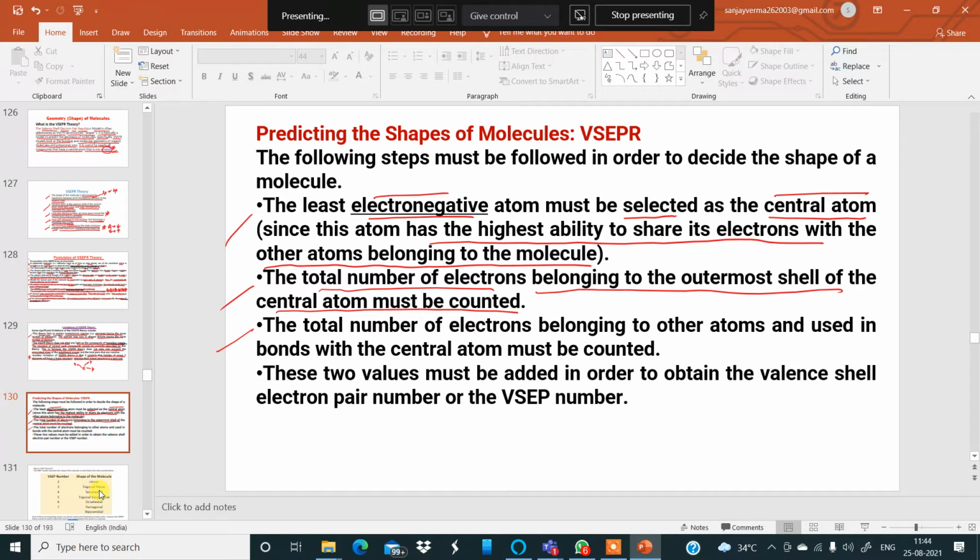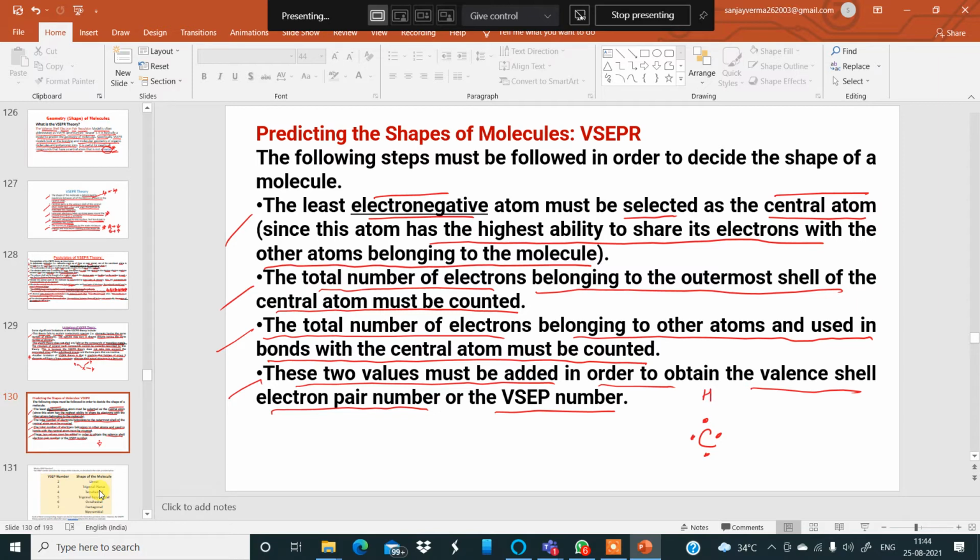The third point is the total number of electrons belonging to the other atoms and used in bonds with the central atom must be counted. So the other atoms which are linked to the central atom, their electrons must be counted. These two values must be added in order to obtain the valence shell electron pair number, which is called the VSEP number. For example, if we have carbon, in its valence shell it has 4 electrons.